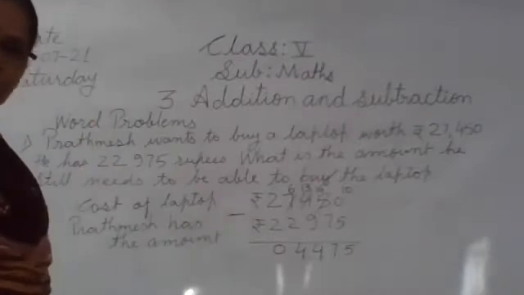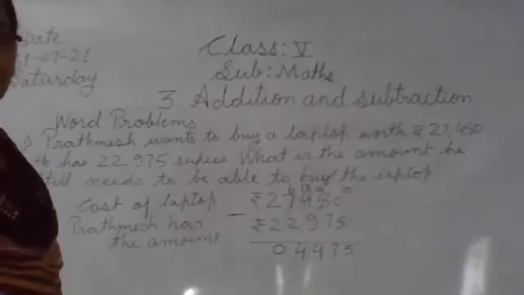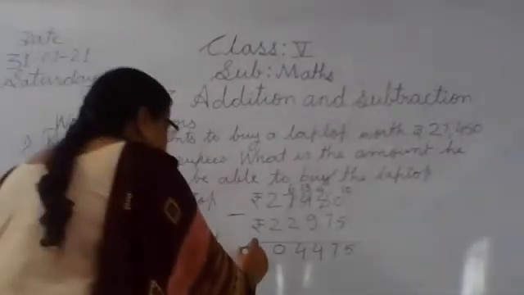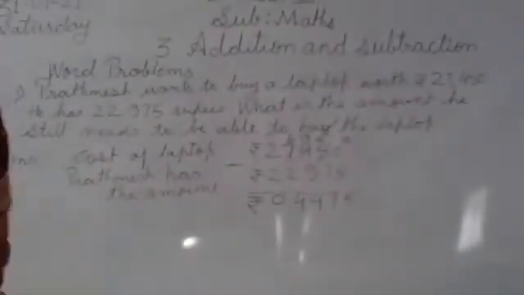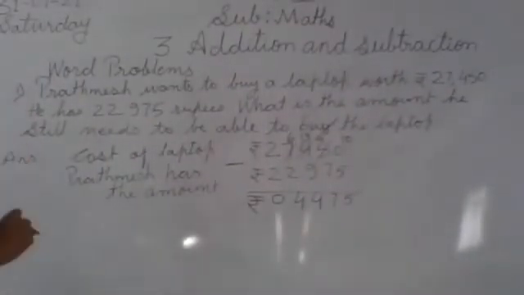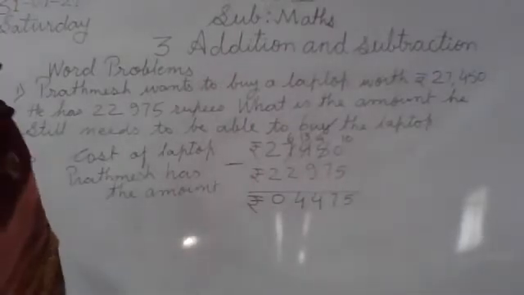So how much more amount does he need to buy the laptop? He needs 4,475. So Prathamesh needs, answer. See, it is a word problem, so you have to write the answer in words.